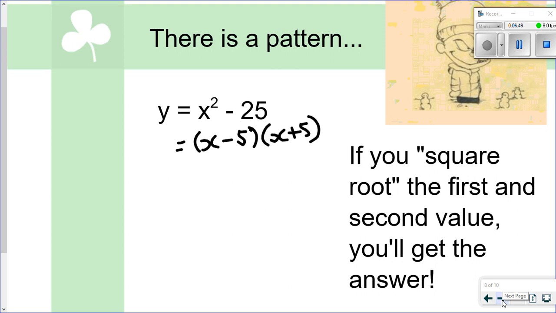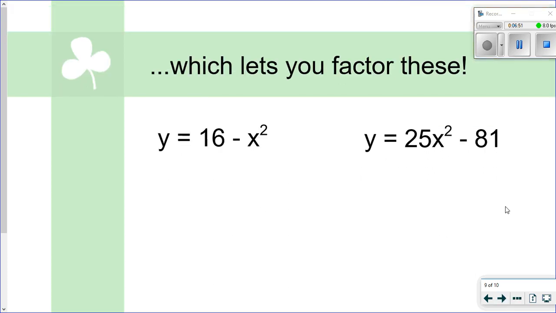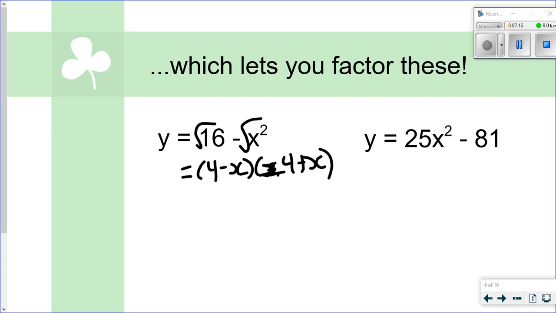So why is that pattern important? Well, what happens when you get the goofball questions like this? These don't follow our regular pattern. We could make them follow our regular pattern, but it's so much easier just to go square root of 16, square root of x. And you're done.